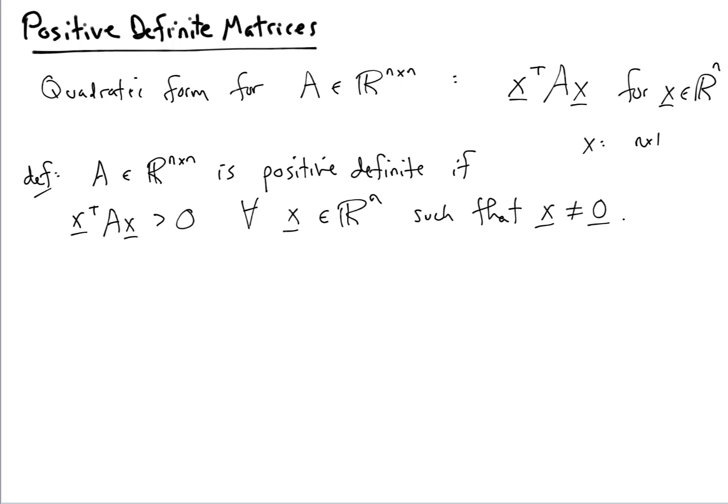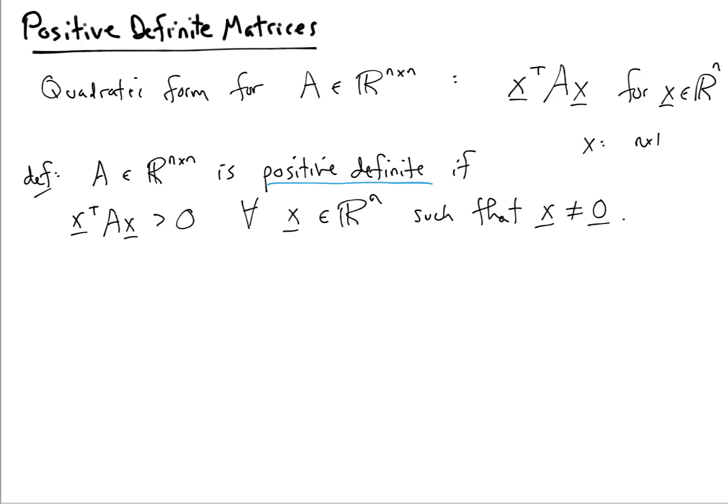You, of course, have to omit the 0 vector from this because 0 transpose A 0 would be 0. But this is the definition of a matrix being positive definite, and we see the quadratic form being the key part of the definition here.